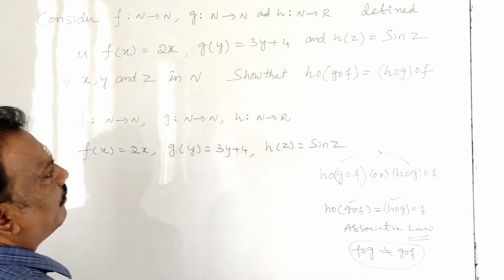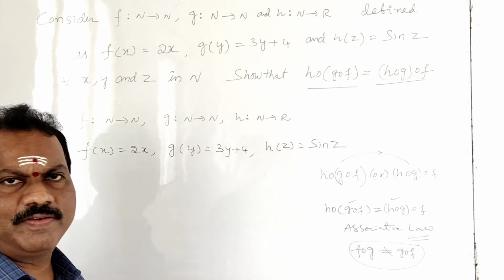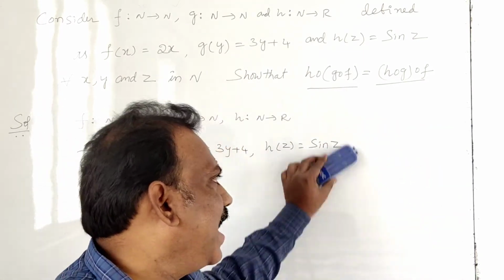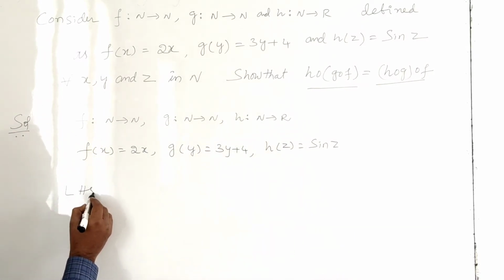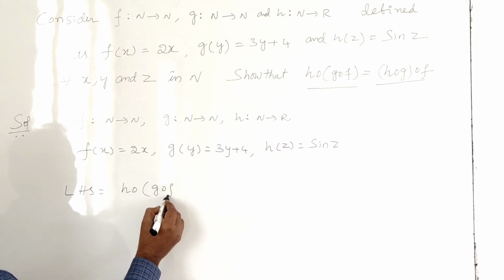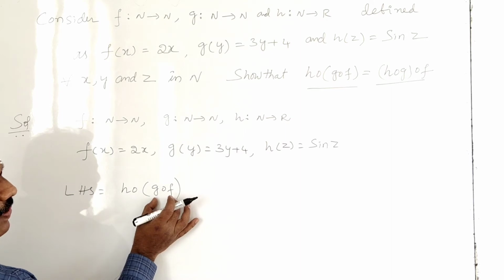So now we are going to prove these two are equal: LHS is equal to RHS. Now I will calculate the LHS value first. So what is the given LHS? h circle of g circle f. First we are calculating this bracket part.